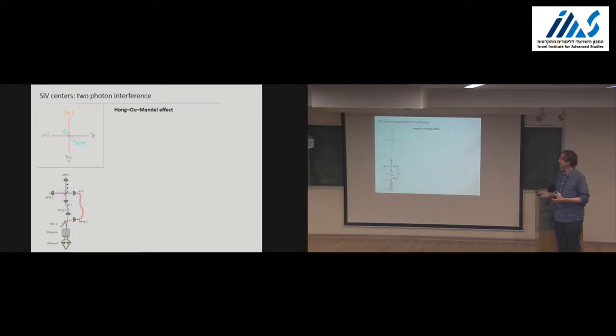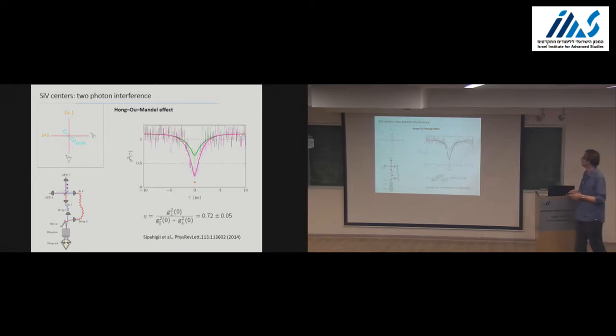In this case, the coincidence rate of photodetectors placed in a dark and a bright port of the Mach-Zehnder interferometer will drop to 0. So for indistinguishable photons, you expect no coincidence rate, a very clear signature of indistinguishability of emitted photons. And here are experimental results: coincidence rate versus delay time between photon detection events.